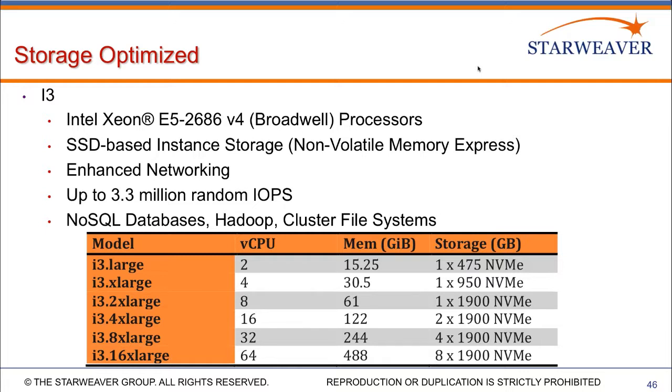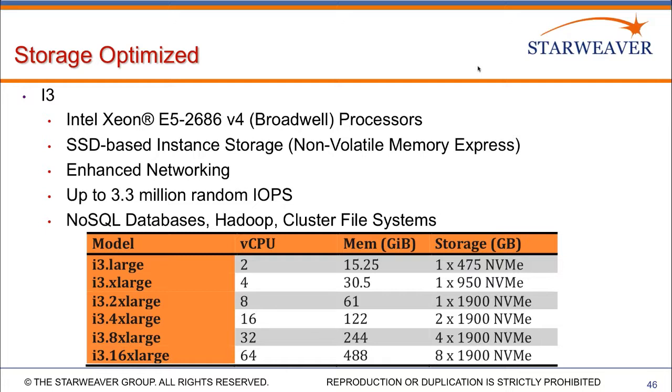These are non-volatile memory express SSDs. Extremely fast, up to 3.3 million random IOPS. So 3.3 million input outputs per second. And you can see, depending upon the size, how much local storage you get, and it's pretty big. Okay, so you get a lot of local storage.